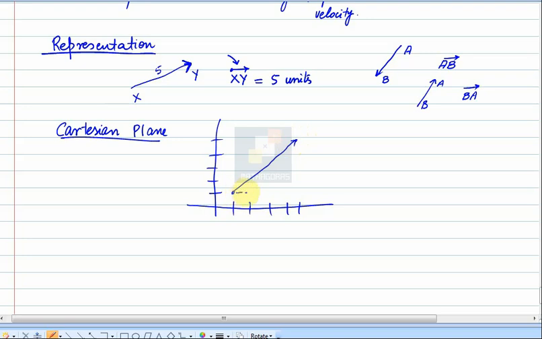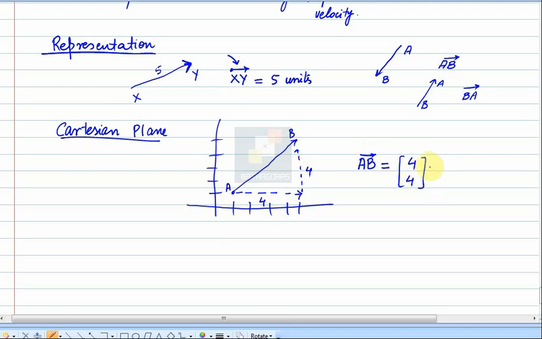We will count the distance on the x-axis. Starting from 1 till 5, that means there are 4 units to the right, and there are 4 units on the y-axis. So it means it has a position of 4 and 4. If it's AB, I will write that AB is equal to 4 and 4. That is how we represent the vectors on a graph.